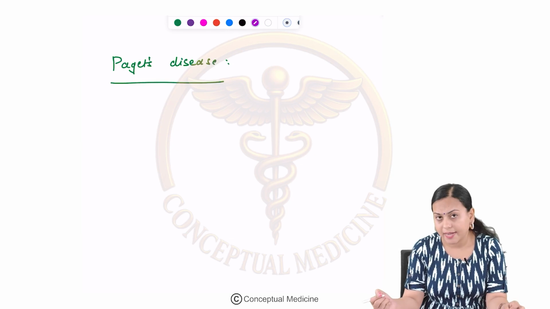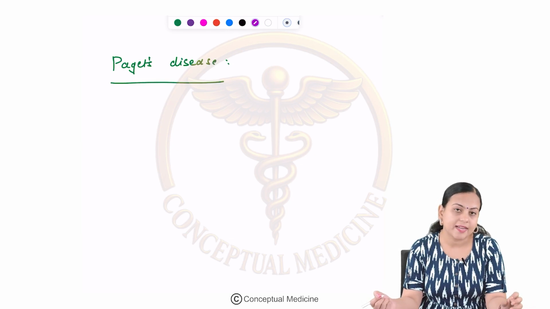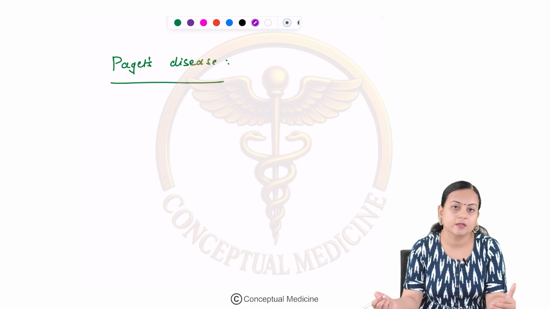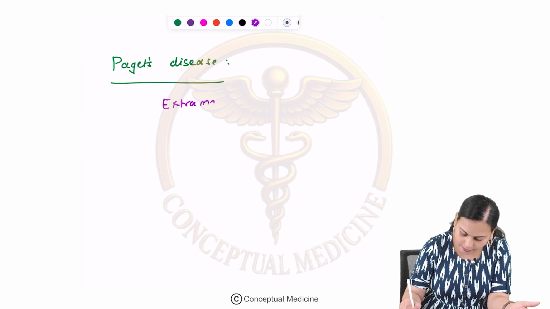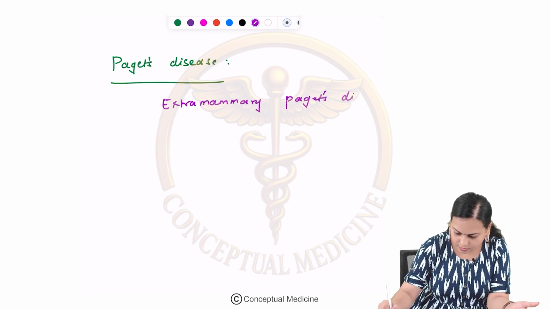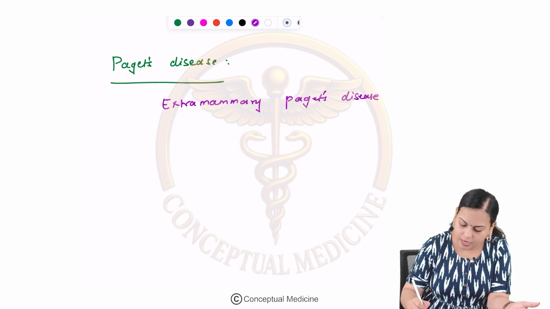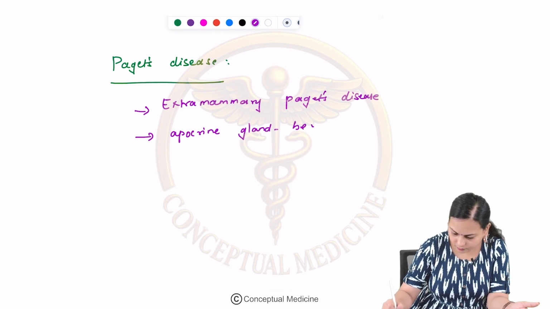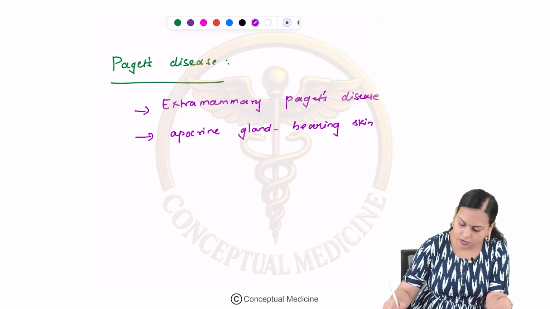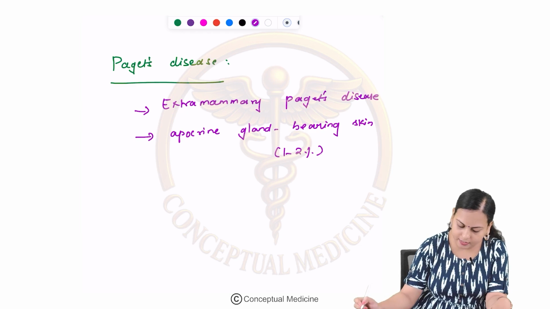See, extra-mammary Paget's disease. Okay, I have told you already, Paget's lesions can occur anywhere, say in the breast or in the ovary, cervix, etc. But this is an extra-mammary Paget's disease which is occurring in the vulva, and it mostly affects the apocrine gland bearing skin, that is comprising of 1 to 2% of the malignancies.